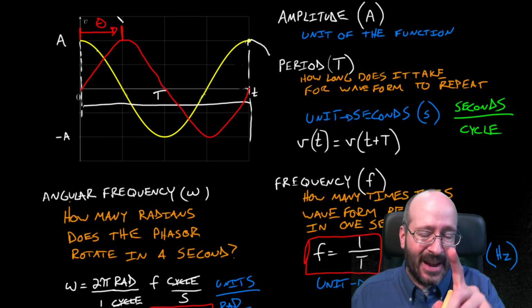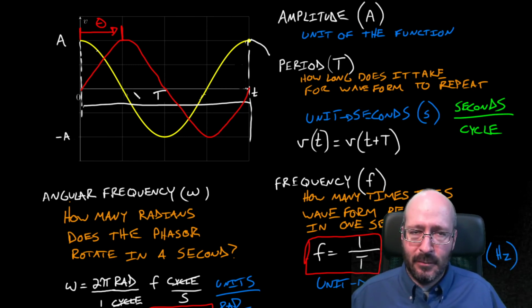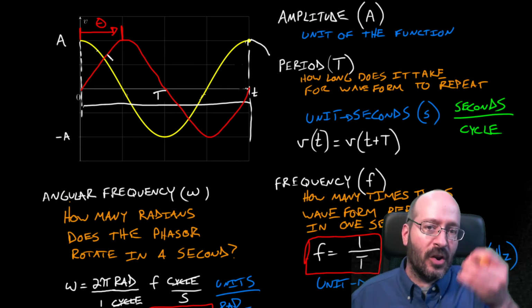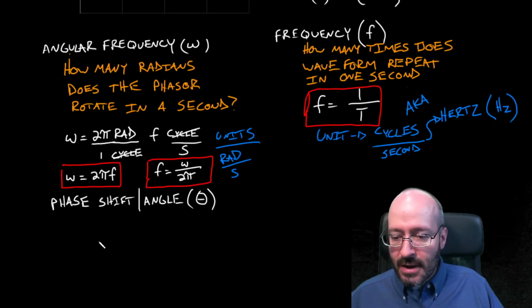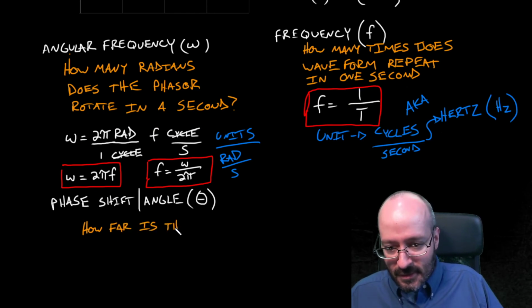We'll dig into that. I'm going to make you do some conversions. That's going to be 4 or 5 videos from now, maybe 3. And we'll dig into the details of that, but it describes how far the starting point of the cosine is shifted. And we're going to measure that either in radians or degrees. Okay, so how far is the waveform shifted?